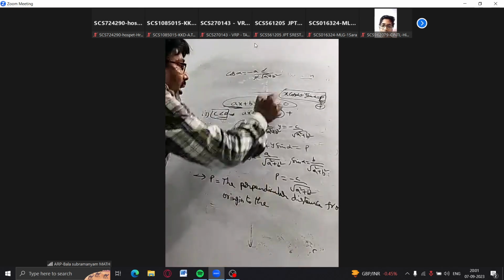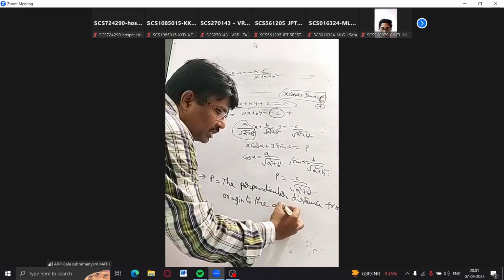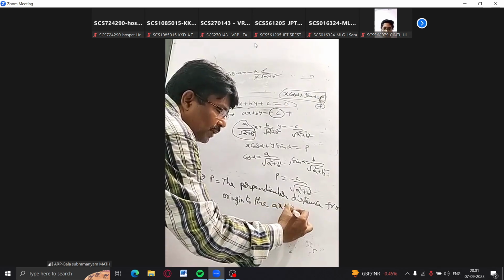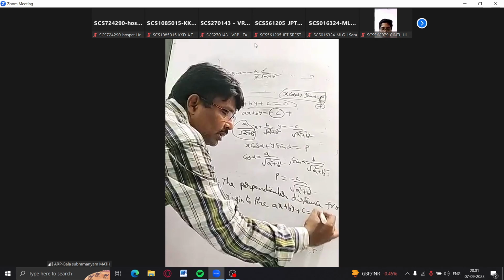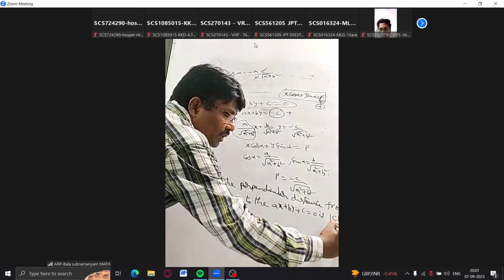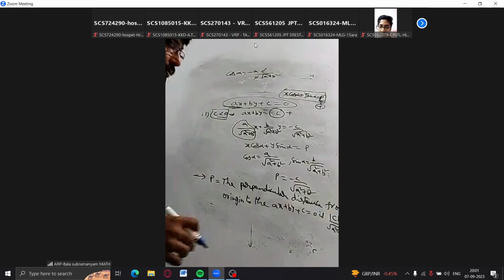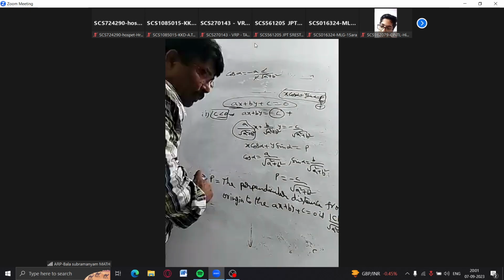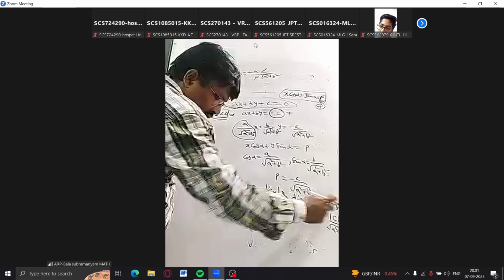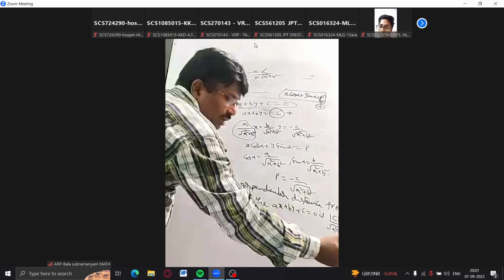Here the line equation is in general form. The perpendicular distance from the origin to the line ax plus by plus c is equal to 0 is modulus of c by root of a square plus b square. This is the formula.